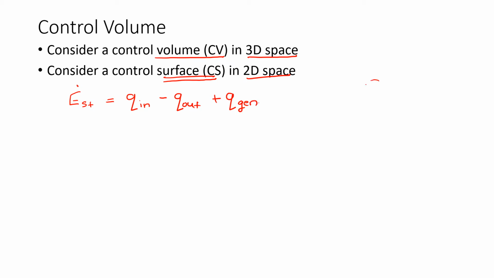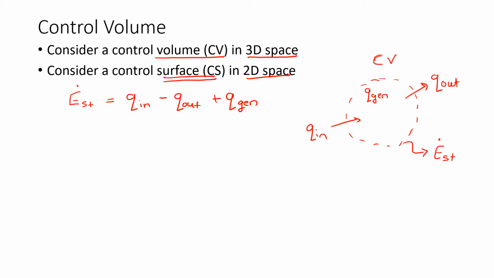How will this look across a controlled volume? Say we have an arbitrary controlled volume which looks like this, and there's Q in going into the system, there's Q going out of the system, and there's some source term which is generating a Q gen amount of energy, which is eventually stored as E dot ST in the system. And this is your control volume.